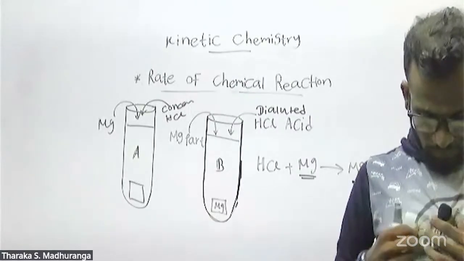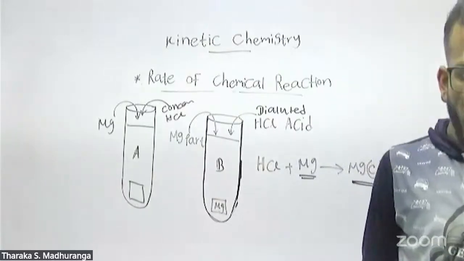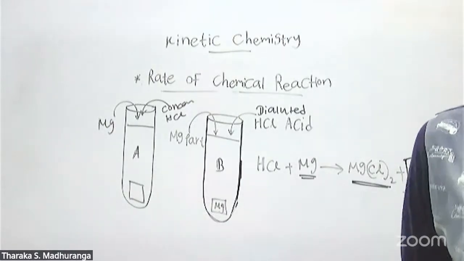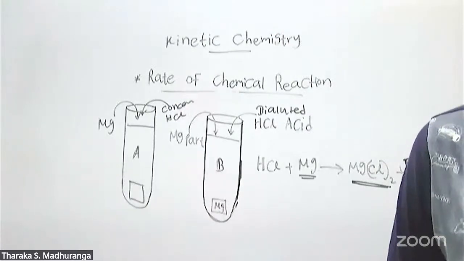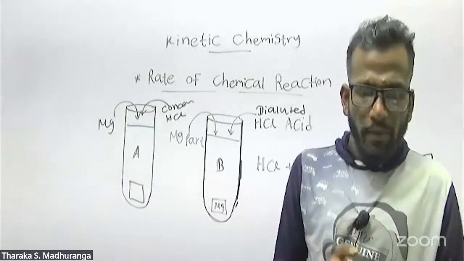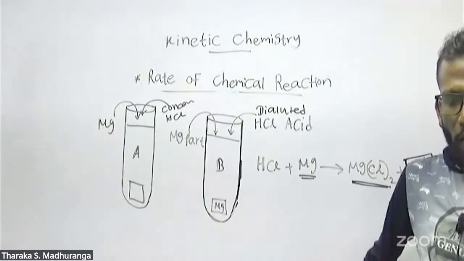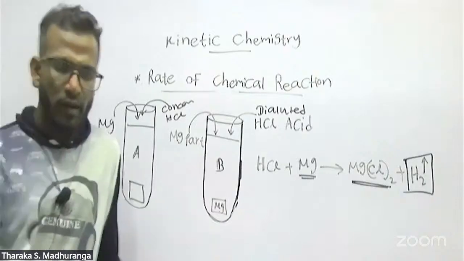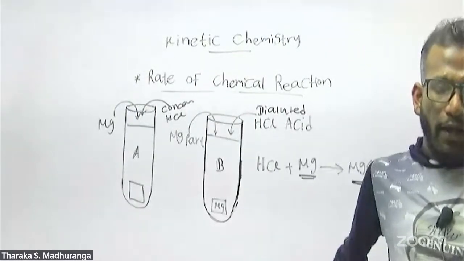When we convert any reactant into product by a chemical conversion, there are some observations that can be identified.